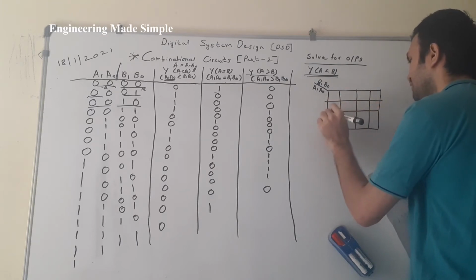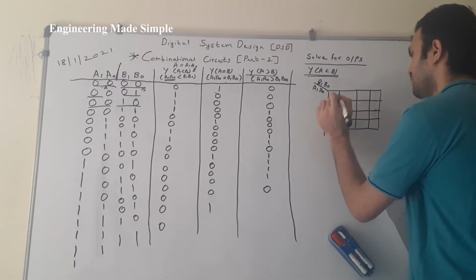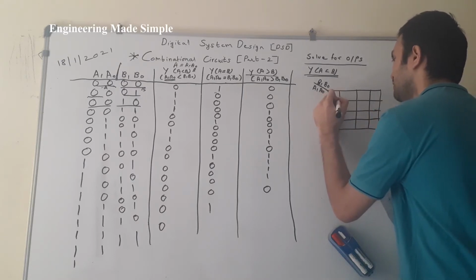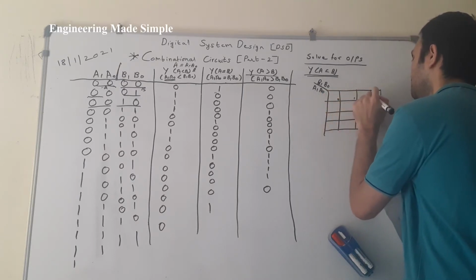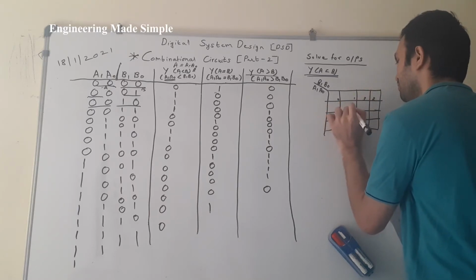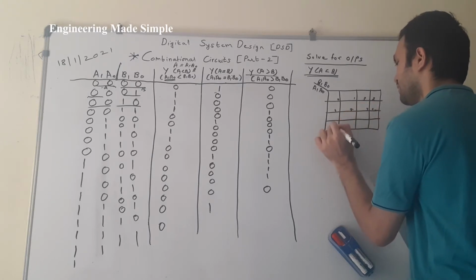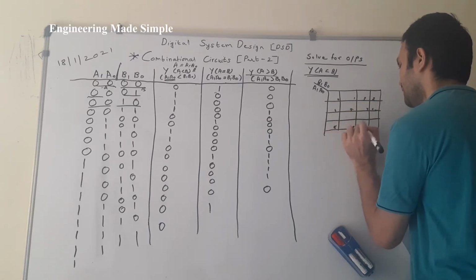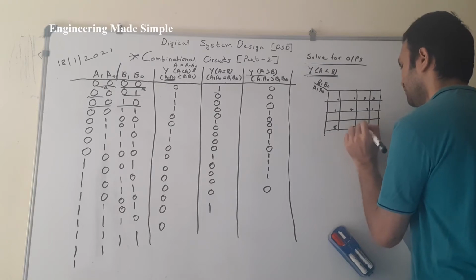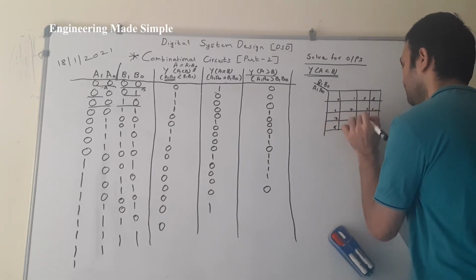This is a 4 variable K-map, with cells numbered 0, 1, 2, 3, 4, 5, 6, 7, 8, 9, 10, 11, 12, 13, 14, 15.